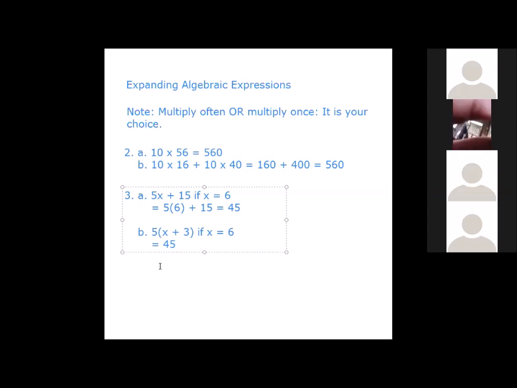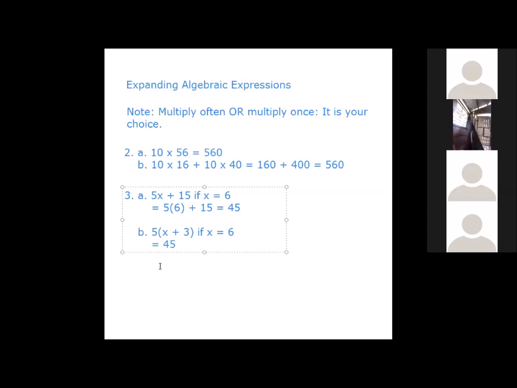Maybe Hannah can give us another single digit number. Any single digit number, please? 7. Let's try 7 with the same expression. 5x plus 15, where x equals 7. 5 times 7 is 35, plus 15 is 50.